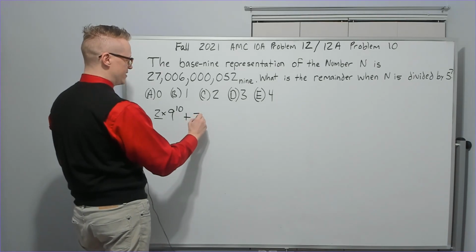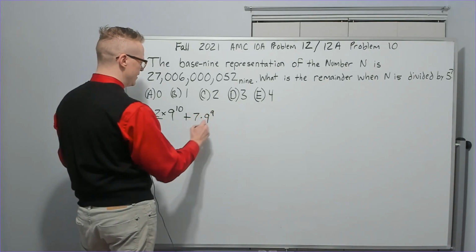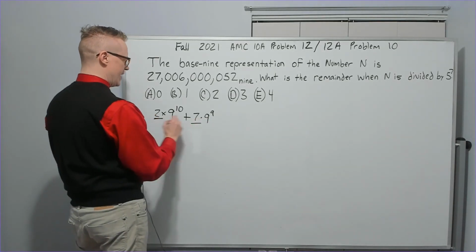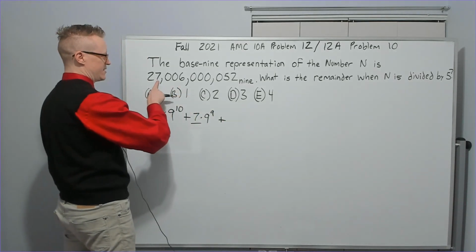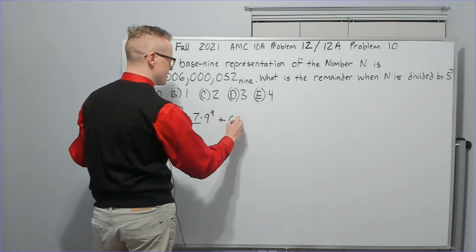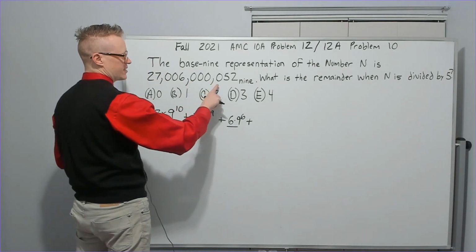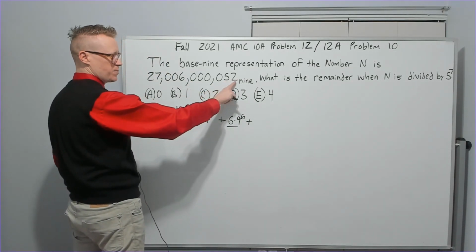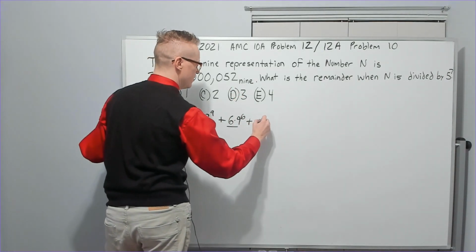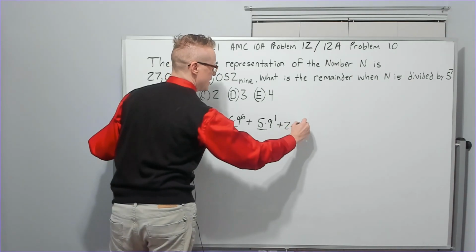Plus 7 times 9 to the power of 9, and I'm going to put a line underneath that as well, plus this is 9th power, 8th power, 7th power, 6th power, 6 times 9 to the 6th, plus nothing matters here. This is going to be 9 to the 1st power and 9 to the 0. So you will have 5 times 9 to the 1st plus 2 times 9 to the 0.